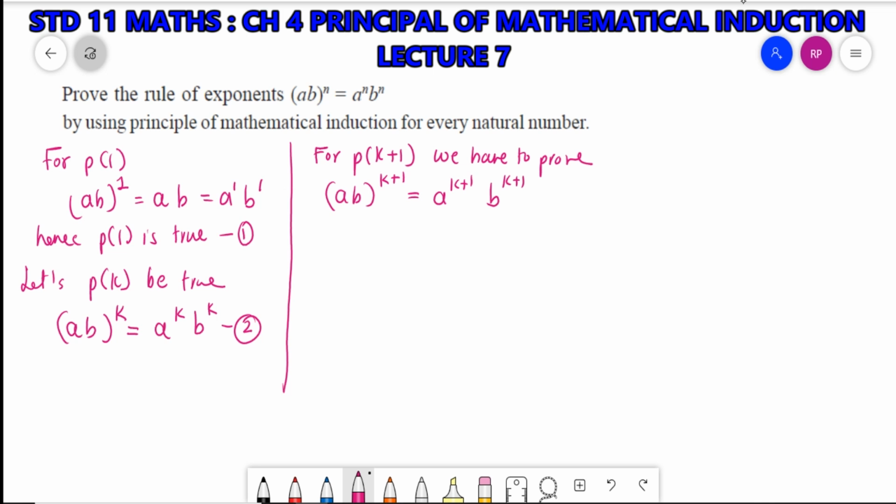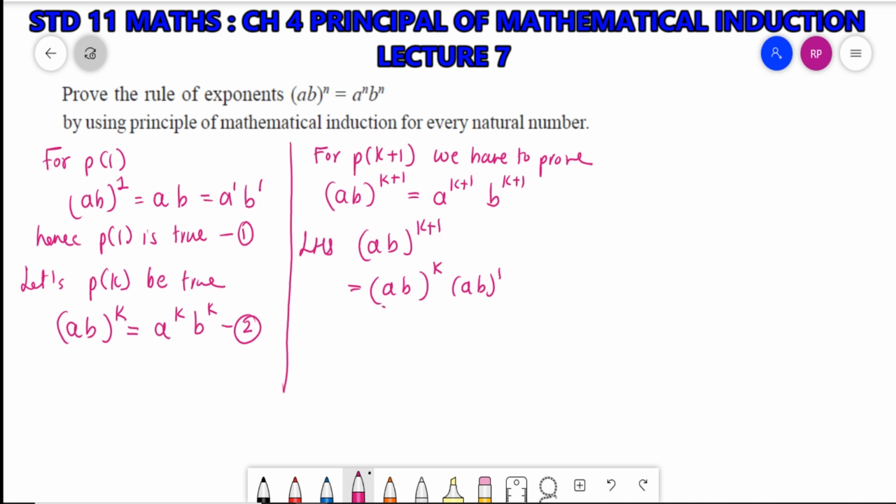Clear? Now let's take LHS. That is (ab) whole raised to k plus 1. So this will be equal to (ab) whole raised to k into (ab) whole raised to 1.